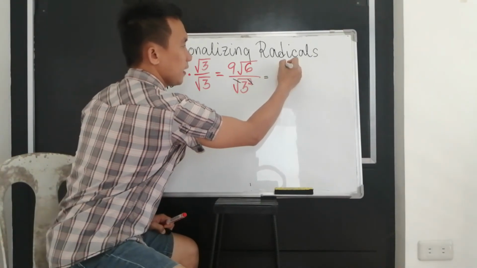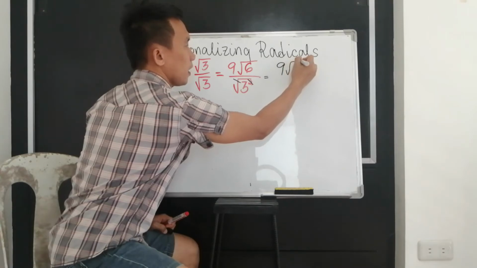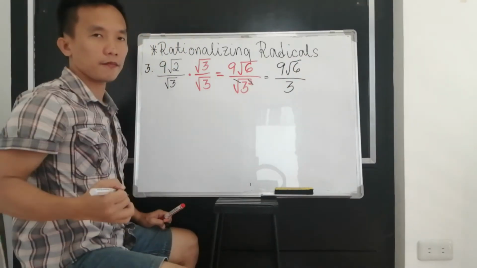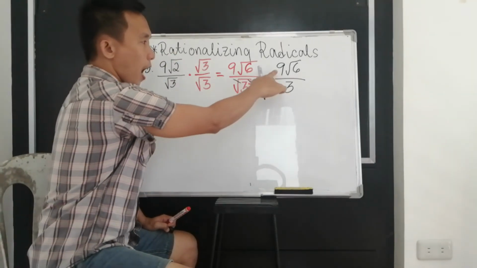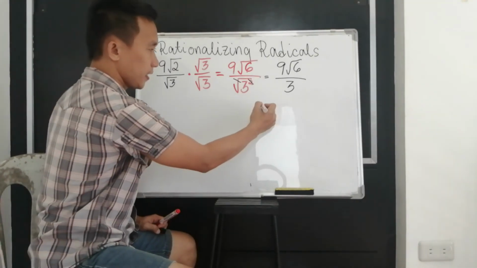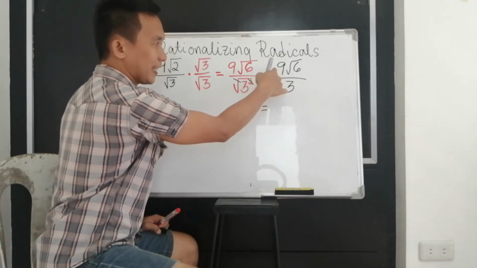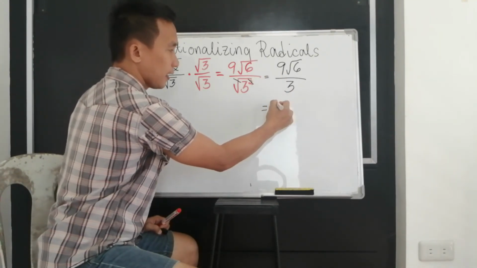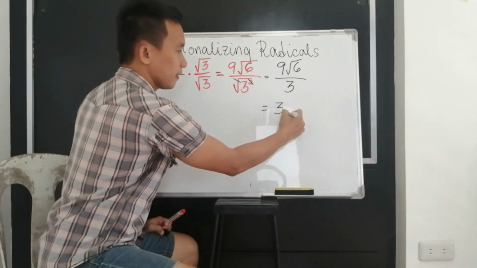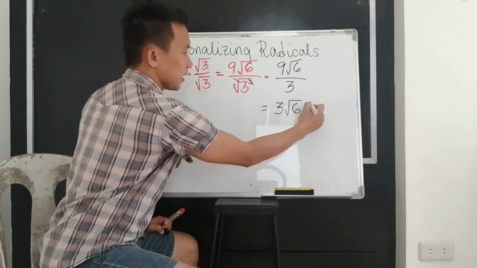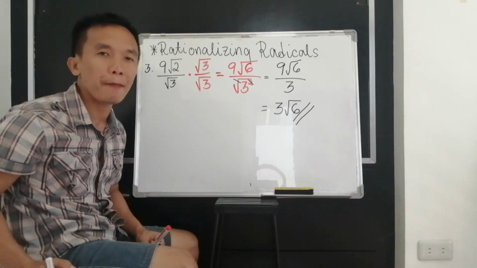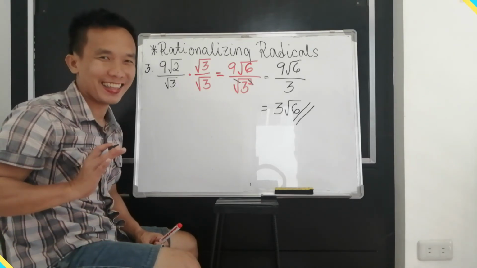What will remain is 9 square root of 6 divided by 3. And take note, our 9 and our 3 can still be divided. If you divide 9 by 3, the answer is 3. And copy square root of 6. So that is our final answer for example number 3.